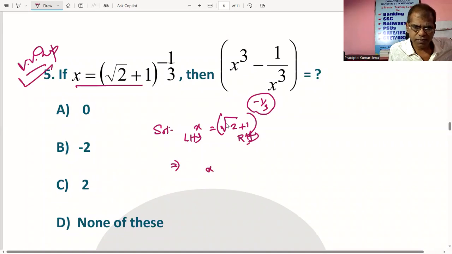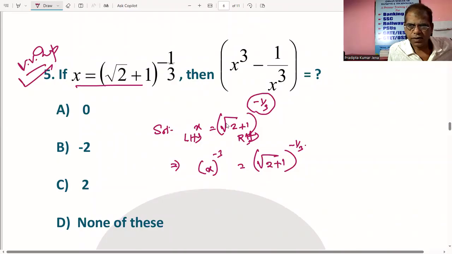So we raise x to the power minus 1 by 3 whole to the power minus 3, which is equal to root 2 plus 1 to the power minus 3. So minus 3 cancels. Minus 1 times minus is plus. So we can write x to the power minus 3 is equal to root 2 plus 1.